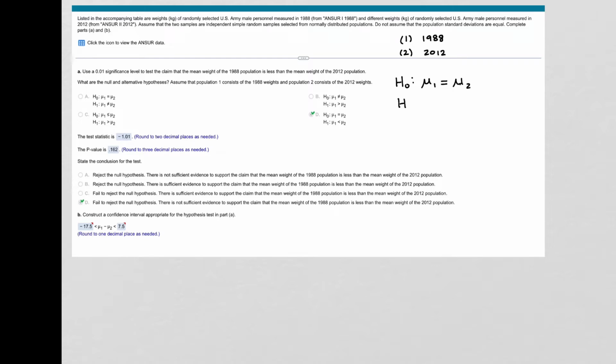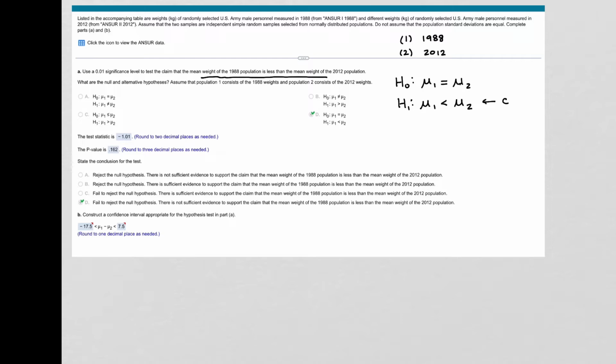And the alternative hypothesis, which was the claim, is that the mean weight for 1988 is less than the mean weight for 2012. So my claim is the alternative, and we're ready to go ahead and do the test.